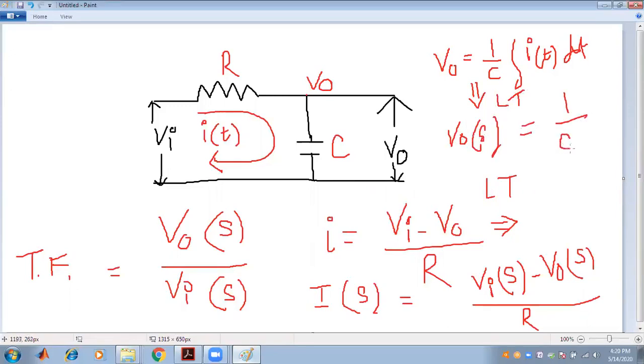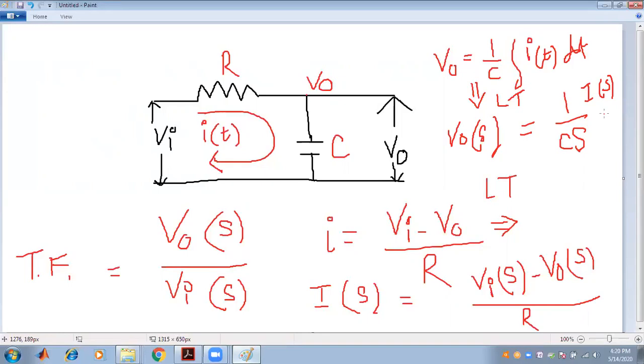Due to the presence of the integration, it will be 1 by C into I(s). Means we are converting the output V0 in the form of V0(s).